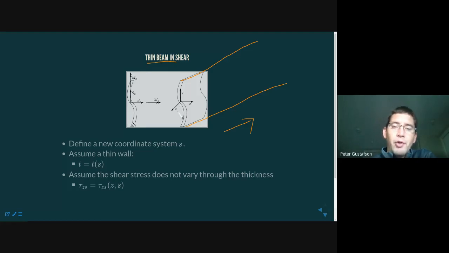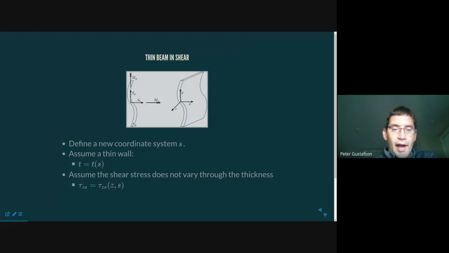However, we're putting a new constraint on it. That constraint is that it's going to be thin in this direction. That's a really interesting constraint because that begins to allow us to make some additional statements about the strain and stress fields as they regard deflections that are present in these beams.